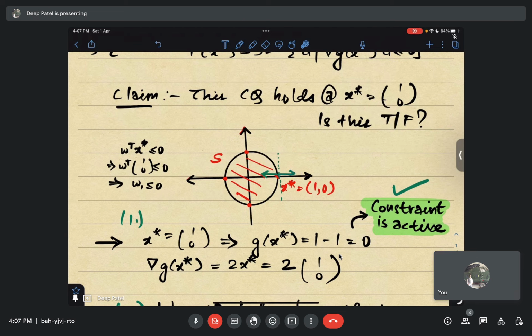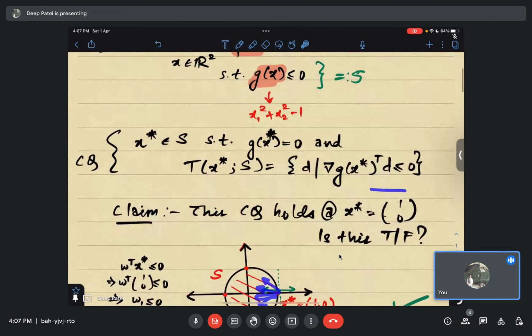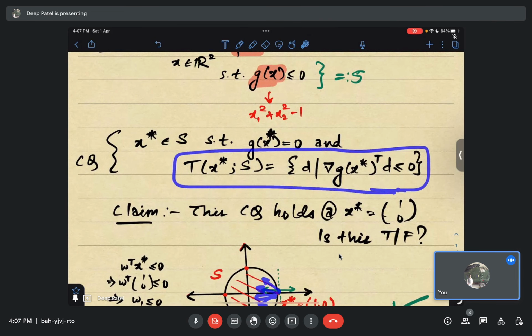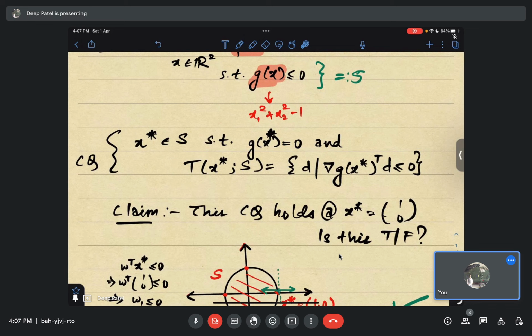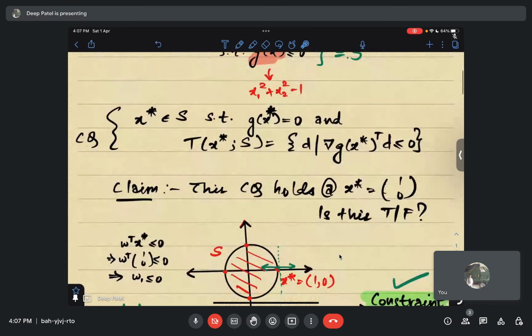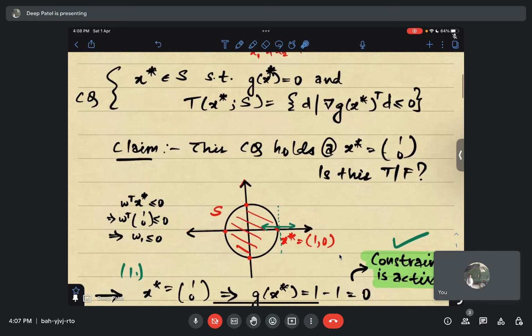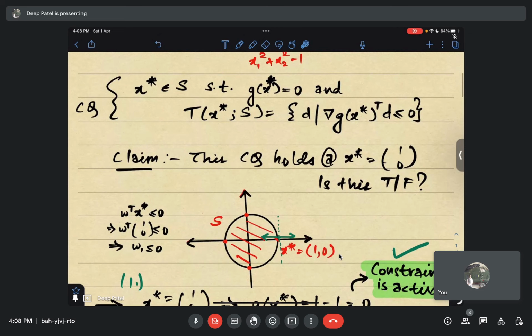This is not an affine case; it's just a convex case. So you see here the constraint qualification actually holds. In fact, we just proved that, although we proved it using geometric arguments, there's another way to see it. Does that make sense? Yes, but obviously the cases of constraint qualification become more non-trivial when we have multiple constraints.